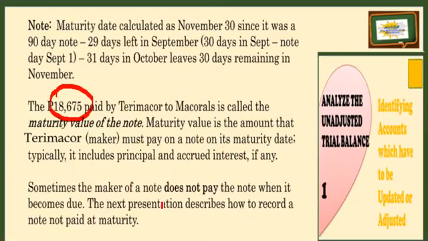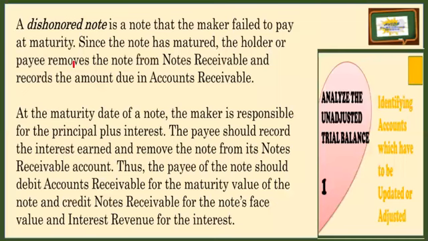Sometimes the maker of a note does not pay when the note becomes due. The next presentation describes how to record a note not paid on maturity. So it becomes a dishonored note. A dishonored note is a note that the maker failed to pay at maturity.